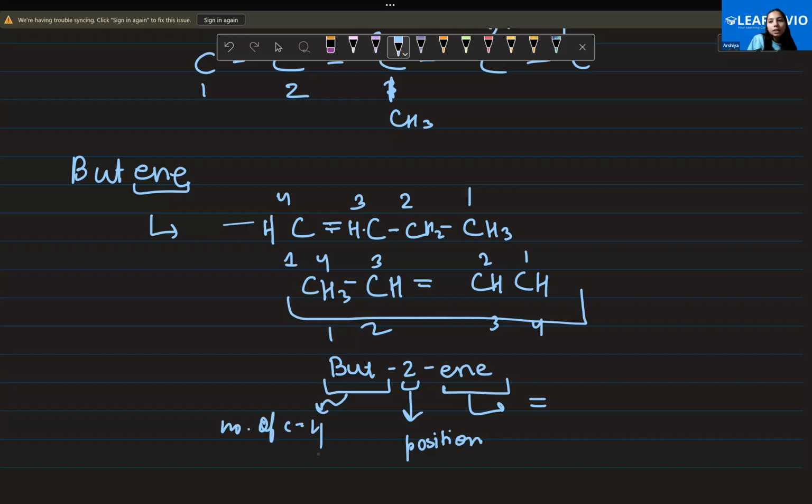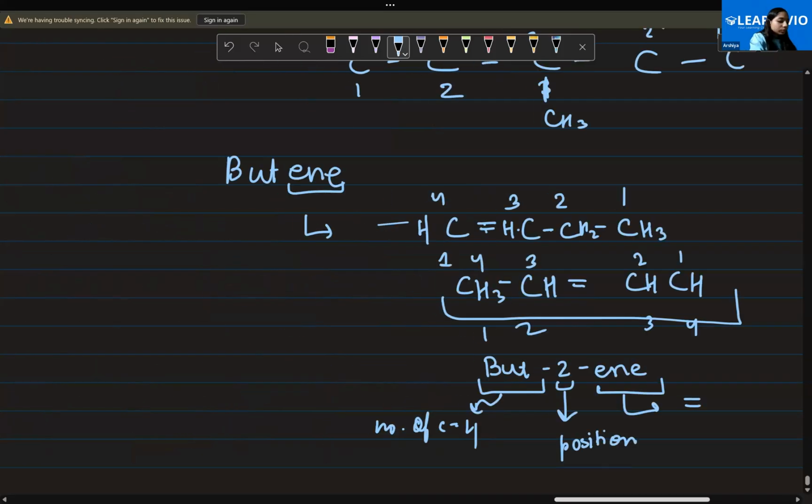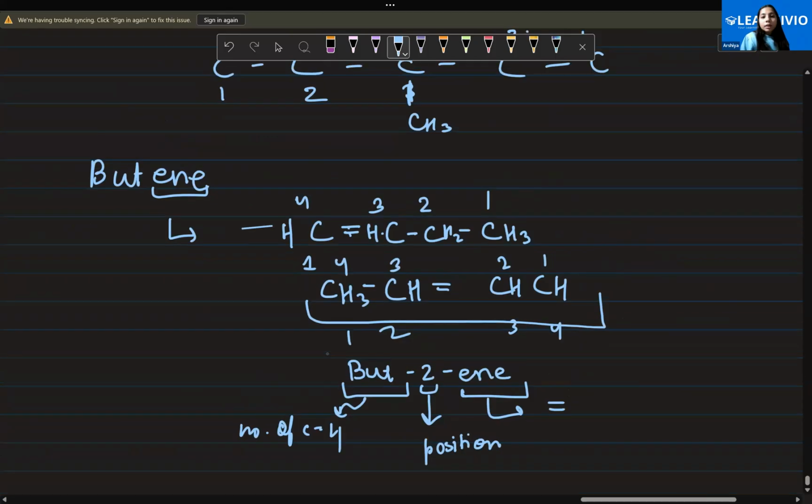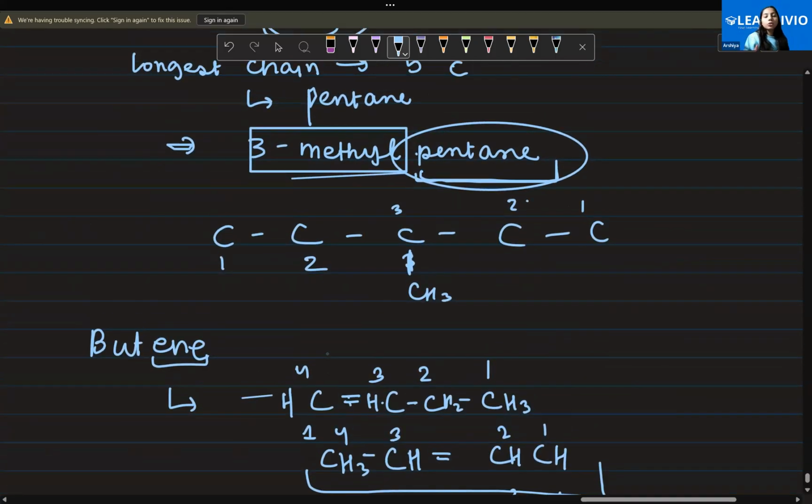Because we don't have any functional group or anything, we'll call it but-2-ene. Ma'am, then can't we call pentane methyl 3 as pentane 3 methyl? No, I'll come to that also. There is a reason why.